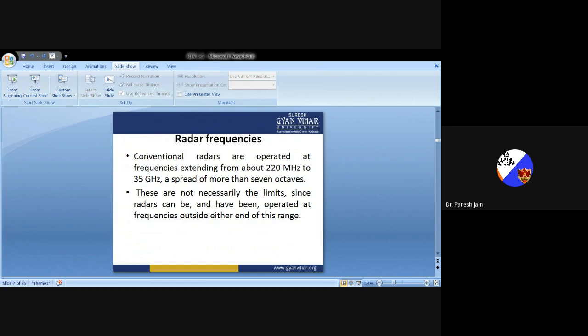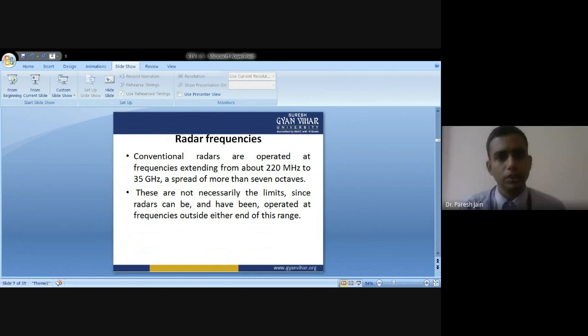The place of radar frequencies in the electromagnetic spectrum is shown in the figure below. In the electromagnetic spectrum, we have defined a particular frequency band for radar applications. These are the radio wave bands or radio wave frequencies. Some of the nomenclature employed to designate the various frequency regions is also shown in the figure.